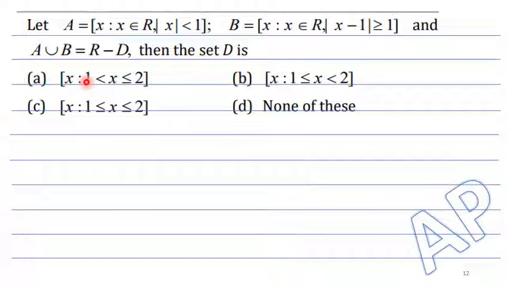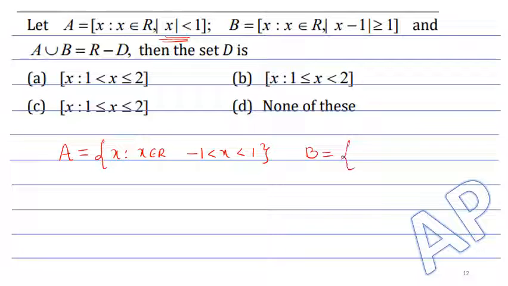So to solve this, I will first consider each set one by one and rewrite the sets. So that is set A is equal to set of all x such that x belongs to R and modulus of x is less than 1, which means -1 is less than x is less than 1. Similarly, set B is equal to set of all x such that x belongs to R and modulus of x minus 1 is greater than or equal to 1.